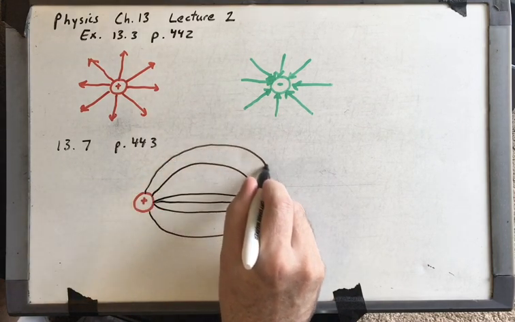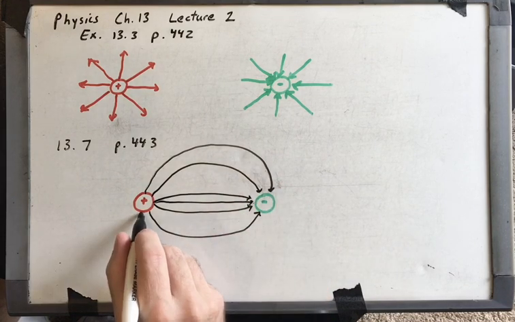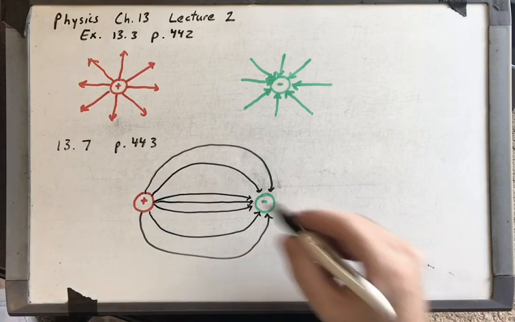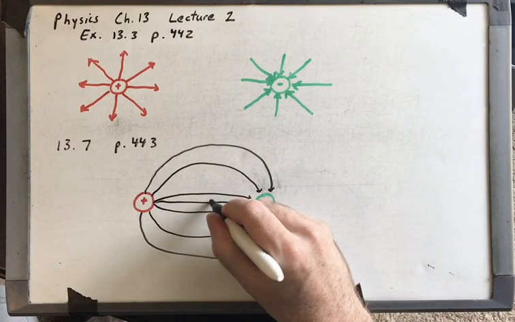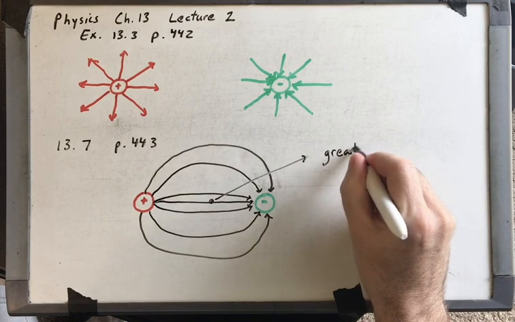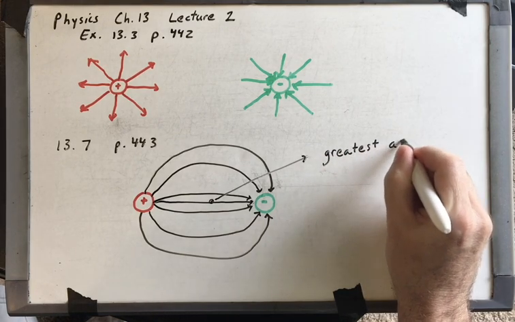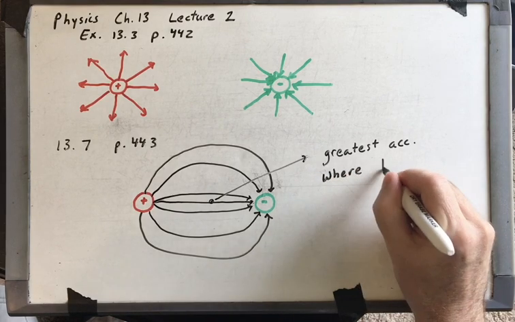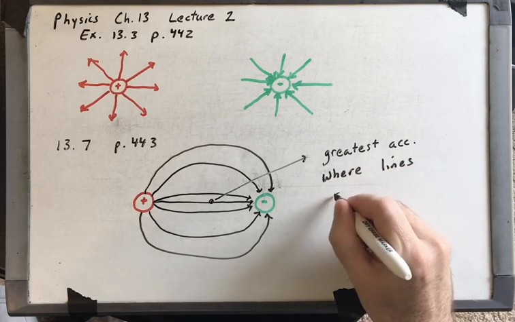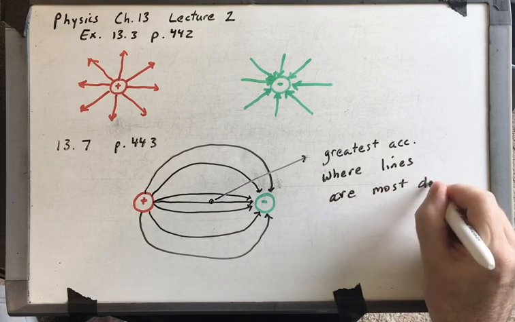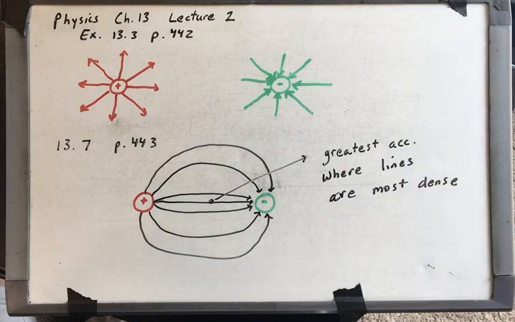So you could signify these field lines something like this. The greatest acceleration occurs where the lines are most dense. Okay, so that's how you draw electric field lines.